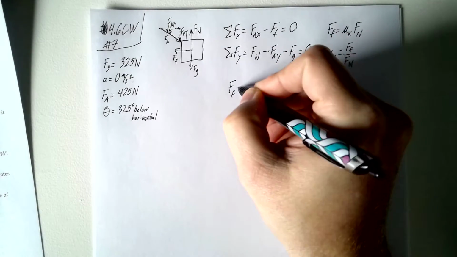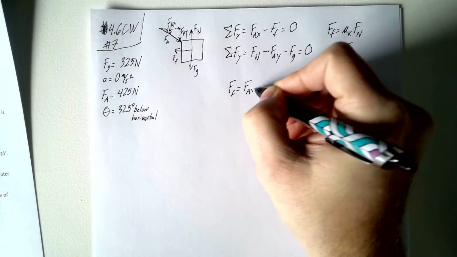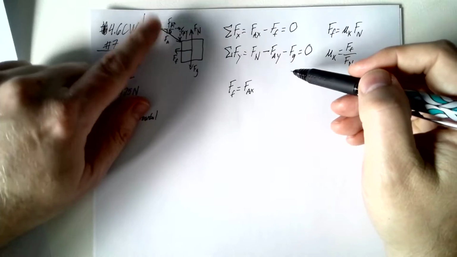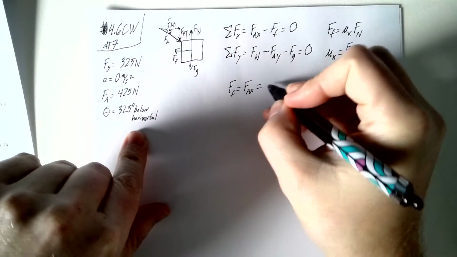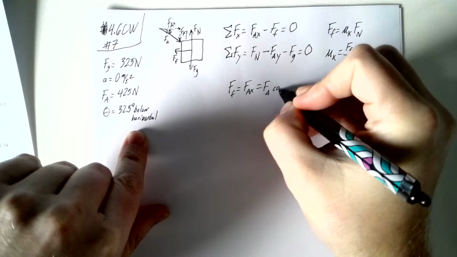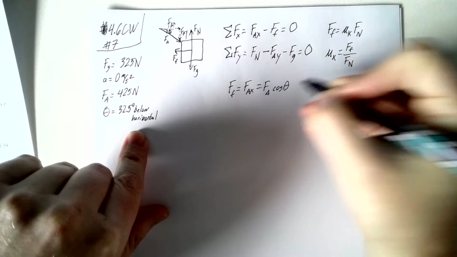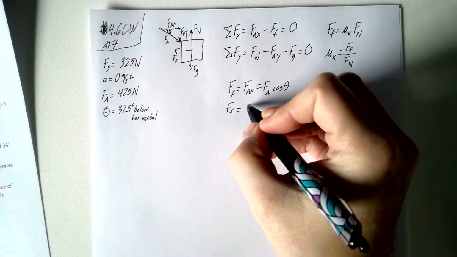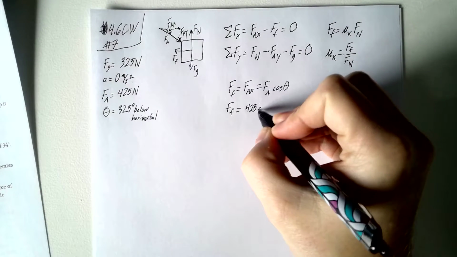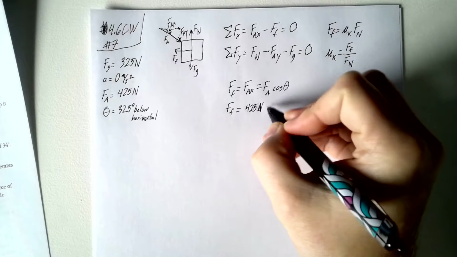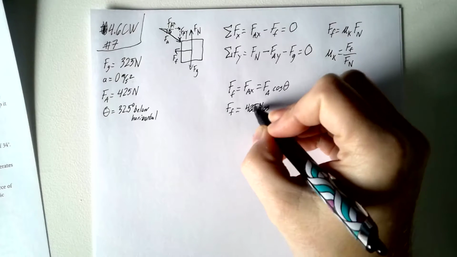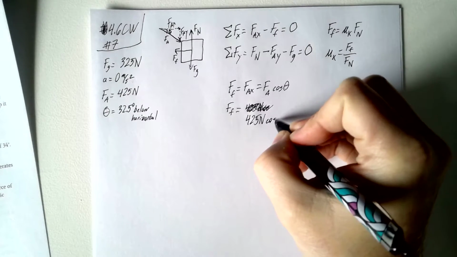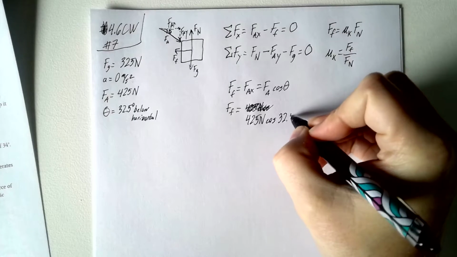So here we get F of F equals FAX, which from our triangle is cosine. So Fa cosine of the angle. So F of F equals 425 newtons cosine of 32.5 degrees.